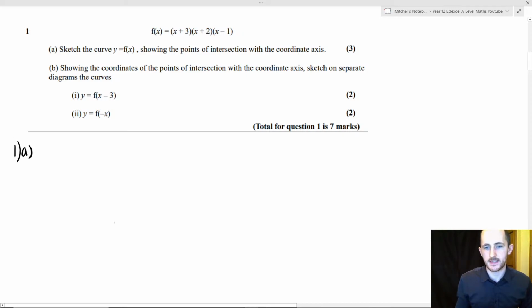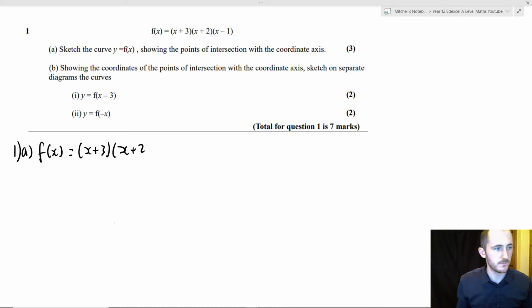So they tell me that f of x equals x plus 3, x plus 2, x minus 1. Okay? And we need to actually sketch what that curve is, showing the points of intersection with the coordinate axes, and that's 3 marks. So I'm going to show you what you get the marks for now.